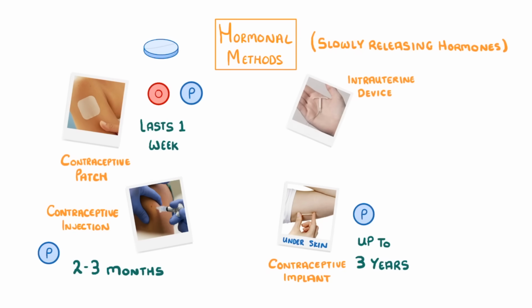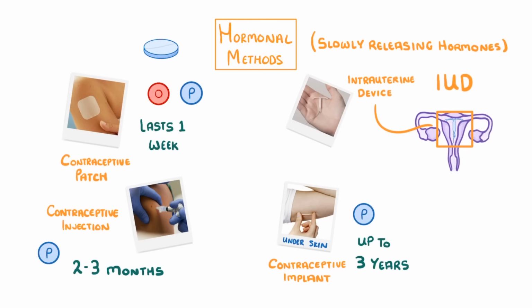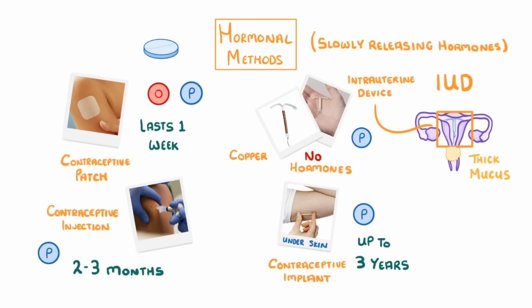Lastly, there's the intrauterine device, or IUD, which is placed inside the uterus. The plastic version releases progesterone, which remember will stimulate the production of a thick mucus in the cervix. There's also a copper version of the IUD, but it doesn't involve any hormones.